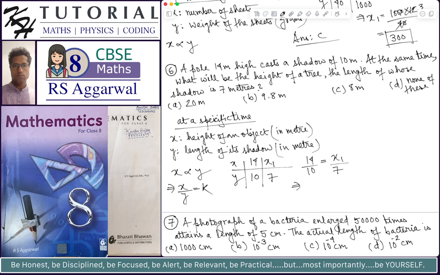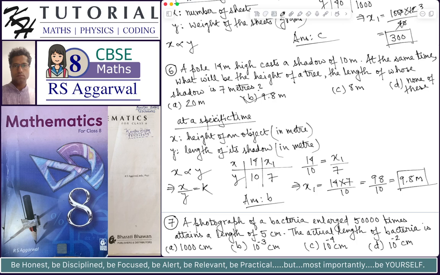So this implies x1 is equal to 14 multiplied by 7 divided by 10, which is equal to 98 by 10, which is equal to 9.8 meter. So the answer is choice B.